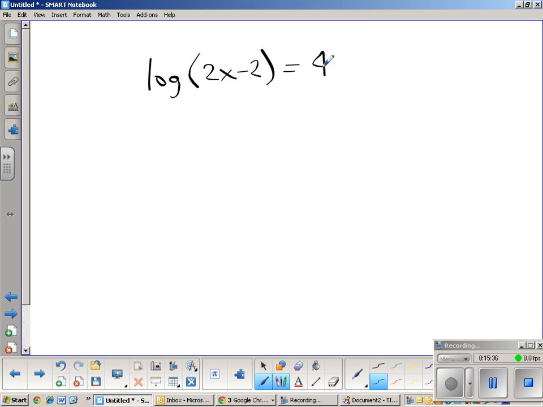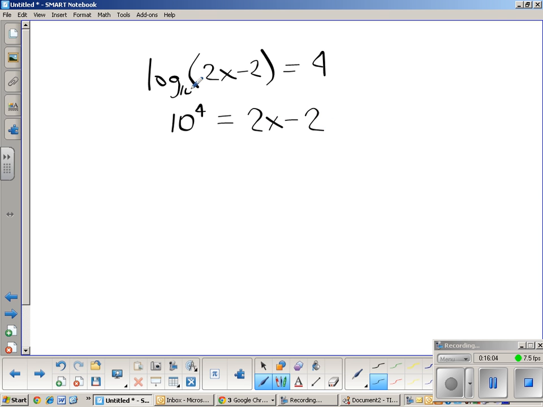Okay, what's the base in this log? Okay, and so if I rewrite this in exponential form, it's going to be 10 to the 4 equals 2x minus 2.